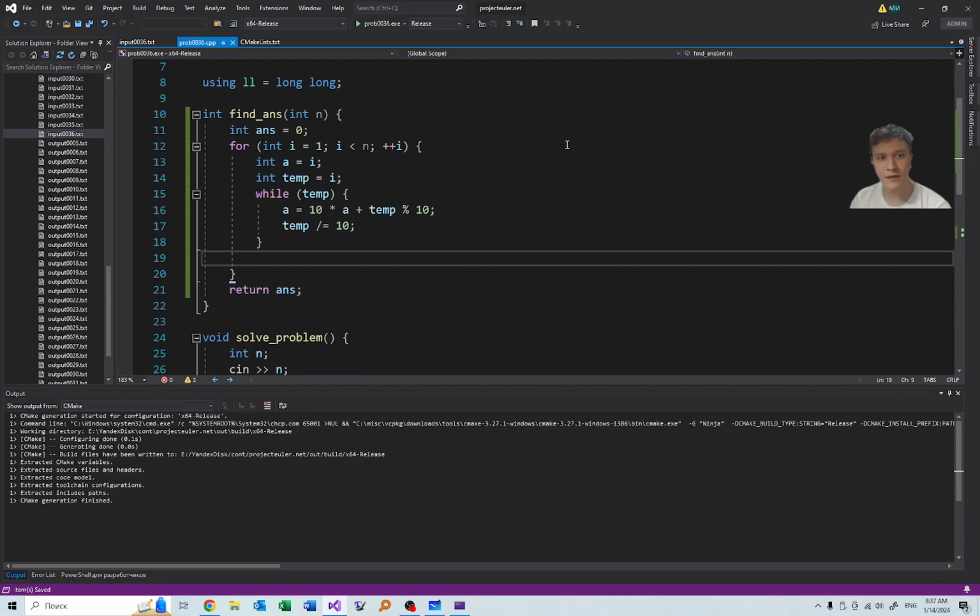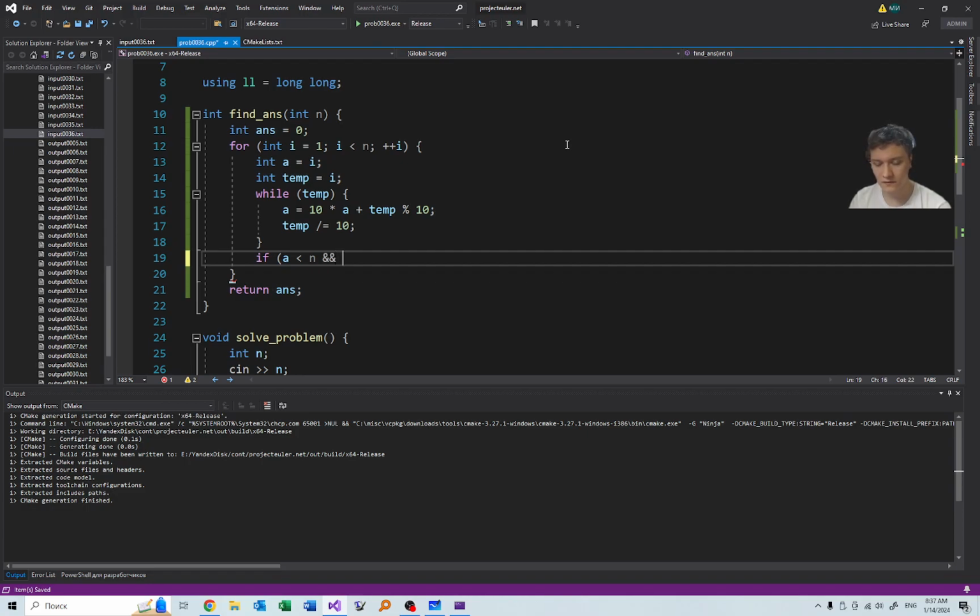So now I have a palindrome. Then I want to check, is it true that this number is less than n? If it is less than n, I also need to check that it is a binary palindrome.